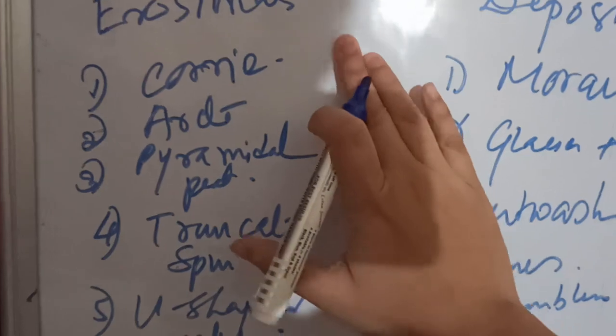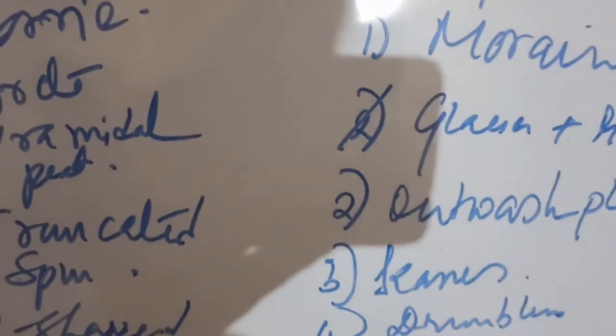So this is in a nutshell the features that we found under the heading of erosional landforms and depositional landforms. So this is all about the features of the work of the glaciers. So I'll continue with the rest of the portion in the next video, and thank you.